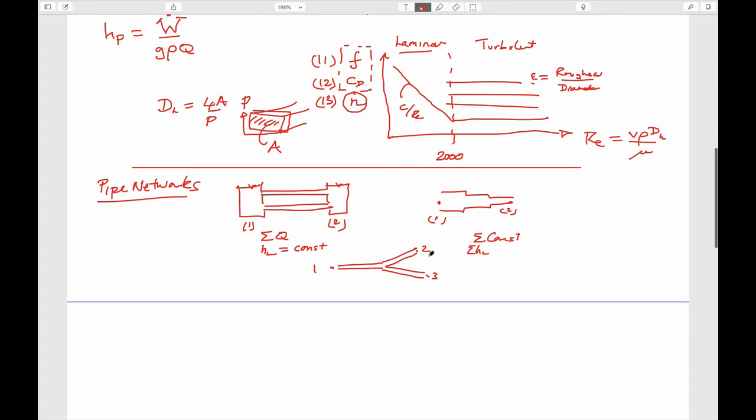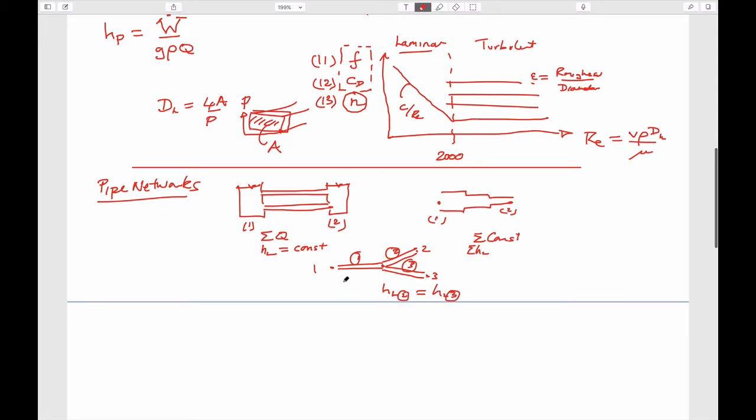And in the final case, if this was pipe 1, 2, and 3, then the head loss in 2, because they have the same pressure here and the same pressure typically at the outlet, is equal to the head loss in pipe 3.